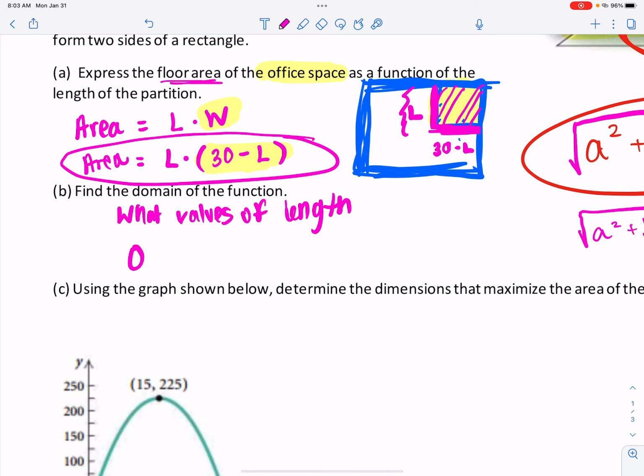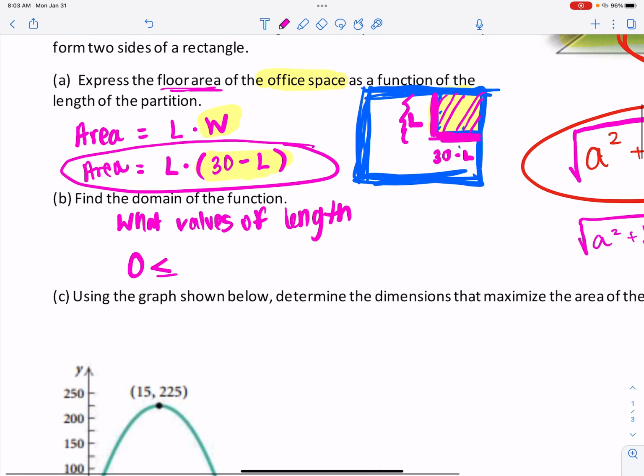So the length can be at the least 0. Technically, it'd be weird if it was 0 because the other side would just be 30 and it'd be a straight line, but it could be. And then as far as the maximum, what would be the maximum length? There is a maximum on this problem. 30, yeah, because that's the most they have to use of the partition. So it could be anywhere from 0 to 30.